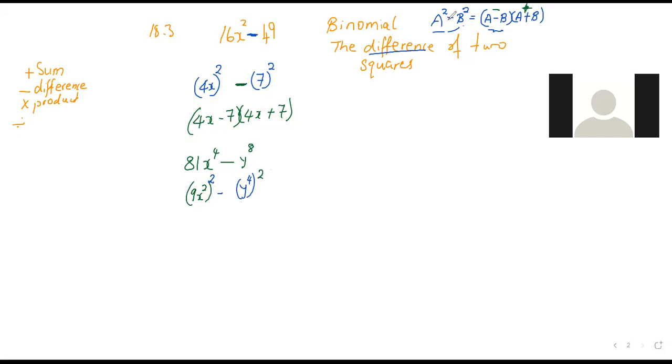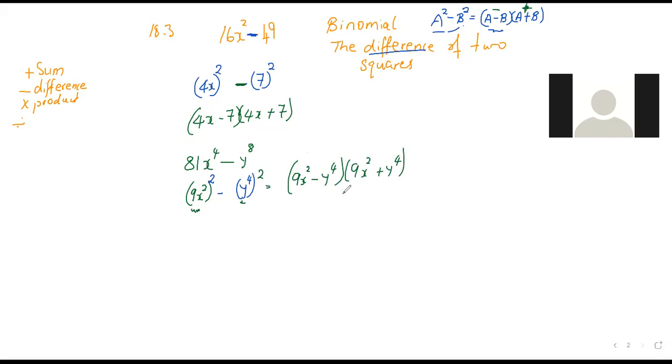Now that has taken the shape of a squared minus b squared, where a will be 9x squared, where b will be y to the power of 4. If we factorize that, the first one is 9x squared minus y to the power of 4, into 9x squared plus y to the power of 4.